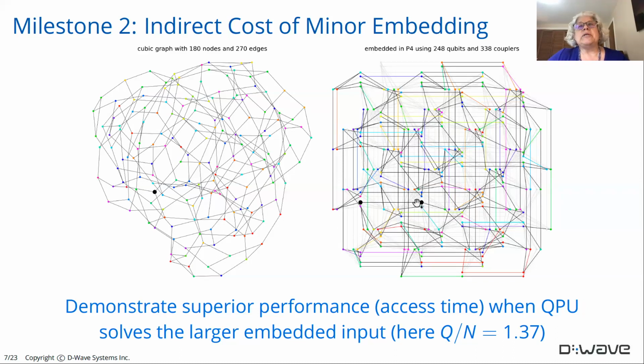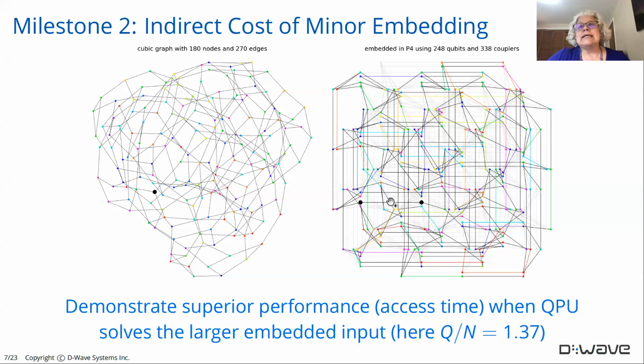It doesn't have to be a chain, they could be tree-like, but in this case, the single node here got mapped into two nodes that are connected by a chain edge. This is a strong ferromagnetic coupler that tries to ensure that they both end up with the same solution, so that when the answer comes back, the two qubits have the same value, so that you know how to map it back.